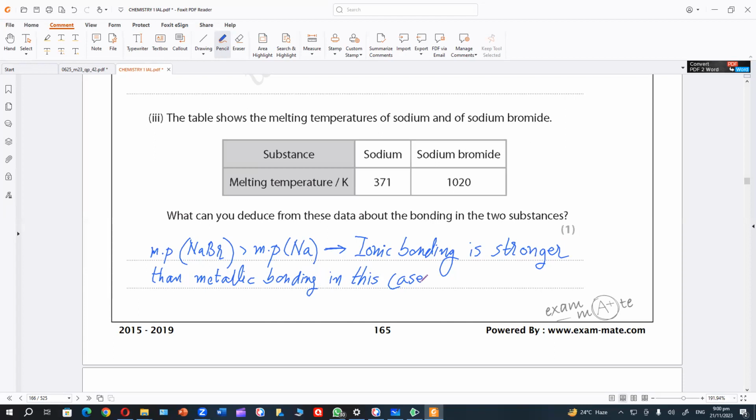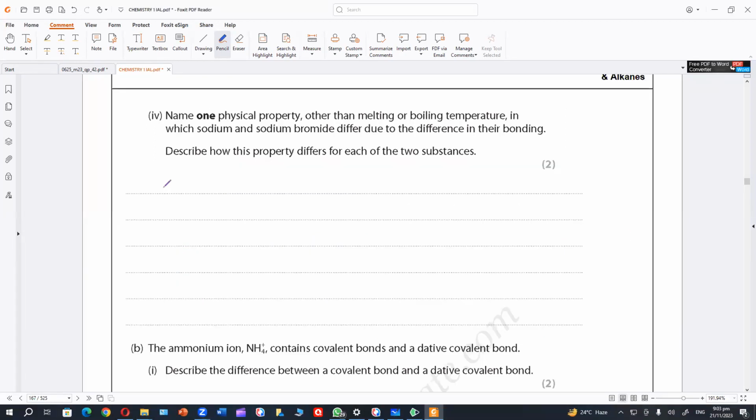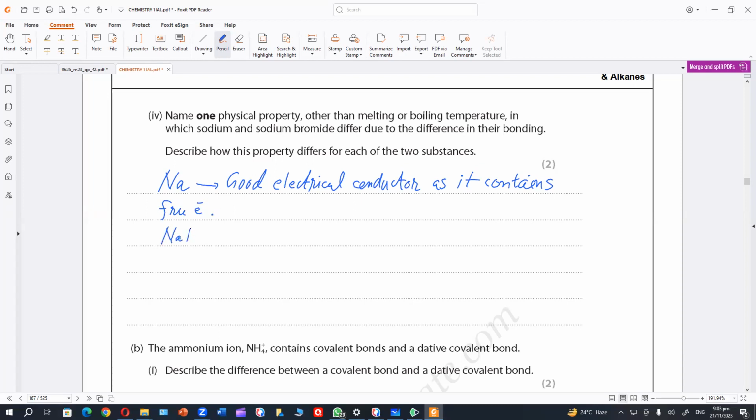In this case, whenever we are doing past papers, I always advise my students to keep a record.